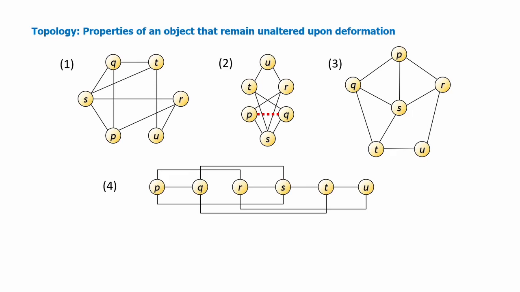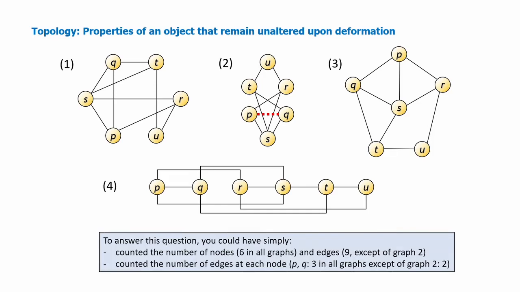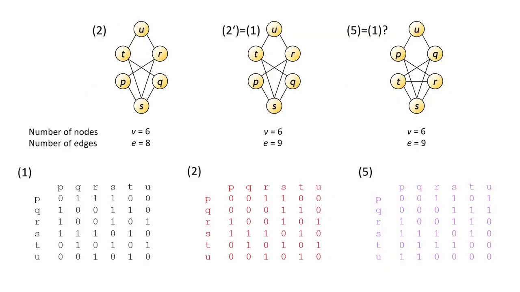To learn more about the difference, you could have counted the number of edges of each node and would have found that nodes P and Q have 3 edges incident to each of them in all graphs except of graph 2. As we have seen, if we add to graph 2 an edge between nodes P and Q, the resulting graph 2' is homeomorphic to graph 1.